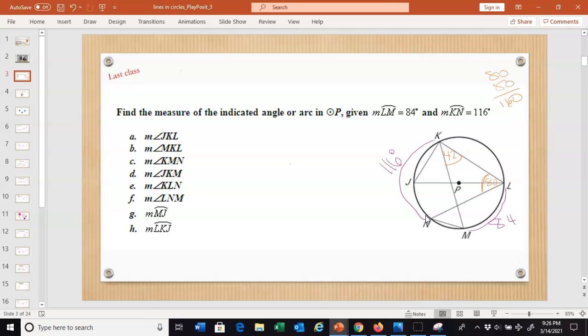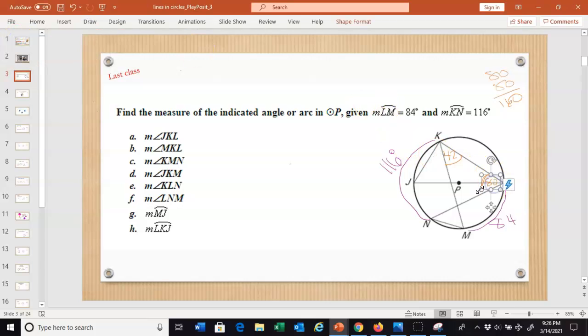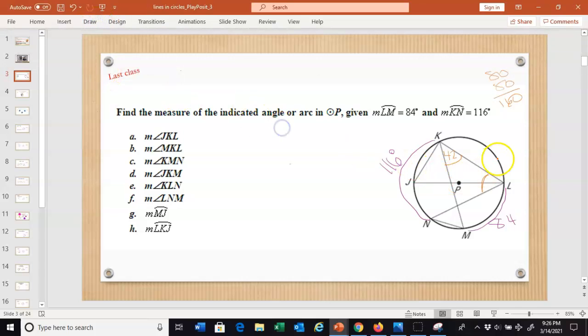Yeah, that's not 80 because 80 plus 80 is 160. I'll delete that. So half of 100 is 50, and then half of 16 is 8. So this would be 58. There we go. That makes a lot more sense.